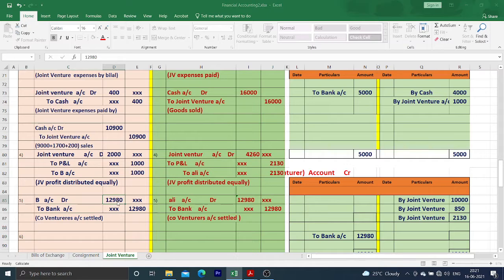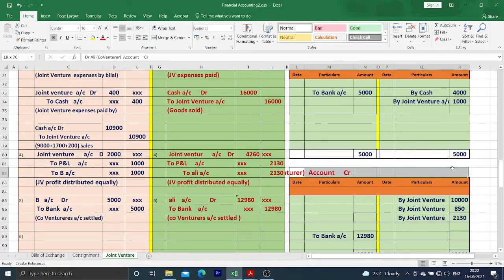Amount is 5,000. That's it. Okay. So that's it regarding the method which we are discussing, that is in the books of one co-venturer. Now we update the journal entries in the other co-venturer also.